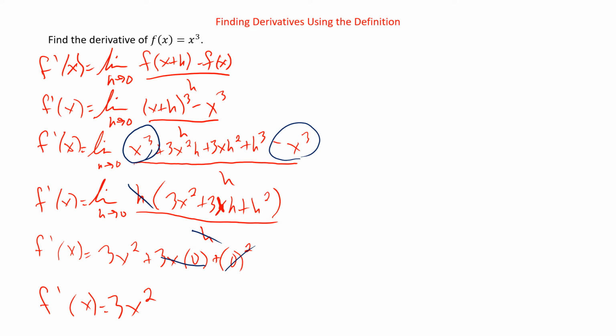I actually start out with this because now if we wanted to find it at, say, x equals -1, we would just plug -1 in for x. -1 squared is 1 times 3 is 3. If we wanted to then find it at x equals 2, plug in 2. 2 squared is 4 times 3 is 12. We wouldn't have to go through the steps all over again. We have a function.